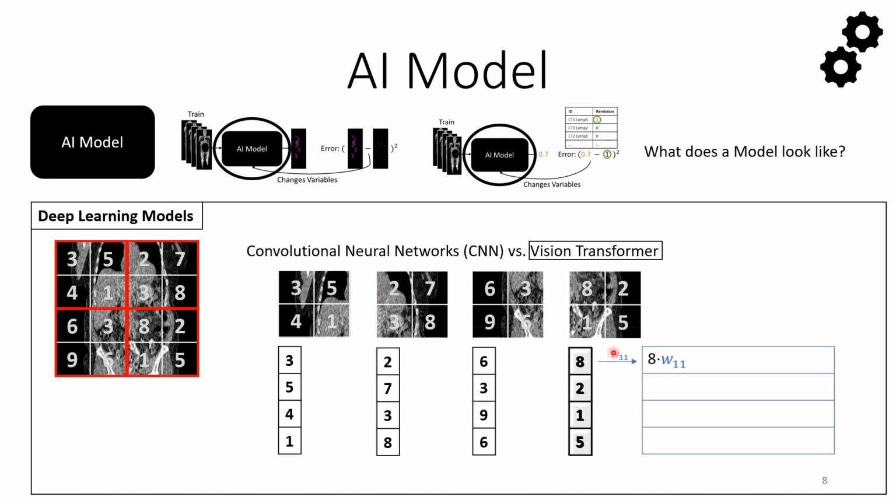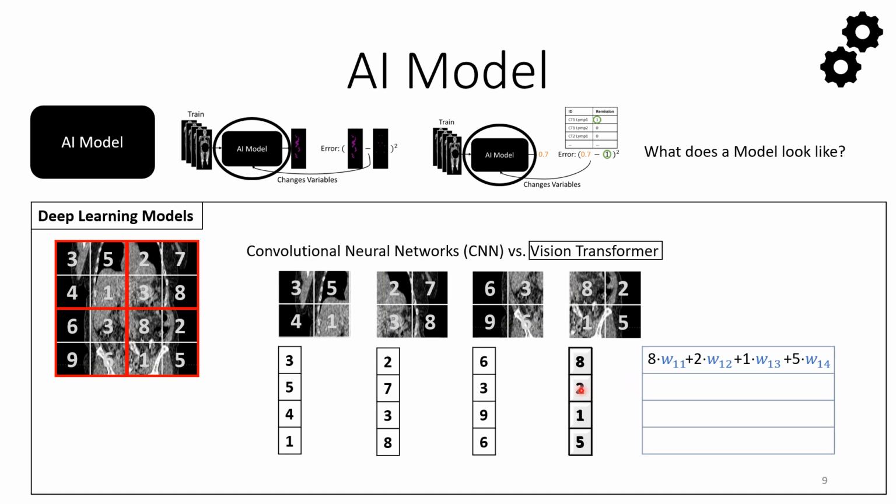This is just again a variable, in the beginning some random number, and we multiply 8 with w11. Then we multiply 2 with a new variable, w12, and we add this. Then we do the same here: 1 times w13, another variable, and 5 we multiply with another variable, and we add all those multiplications. So this gives us a new value up here.